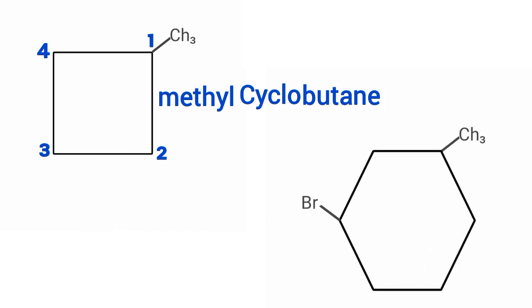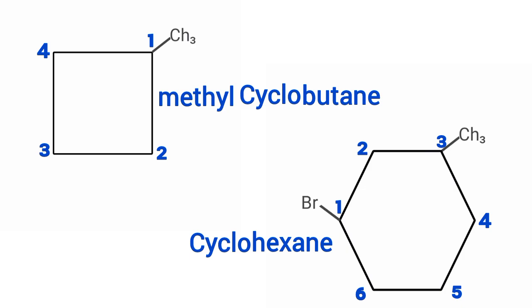Now let's look at this. Here we have 1, 2, 3, 4, 5, 6. We have a 6 carbon ring. An alkane with 6 carbon atoms is hexane. Attaching the prefix cyclo, this becomes cyclohexane. So the parent name is cyclohexane.